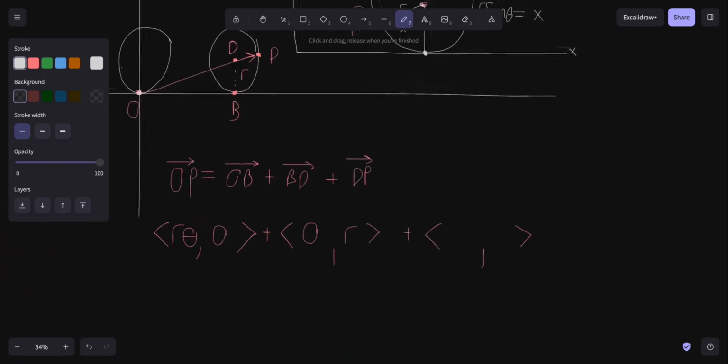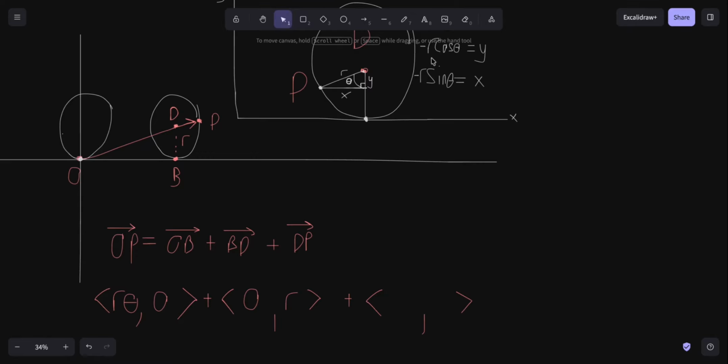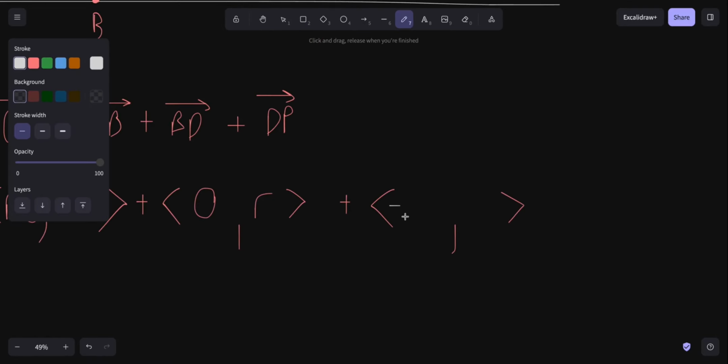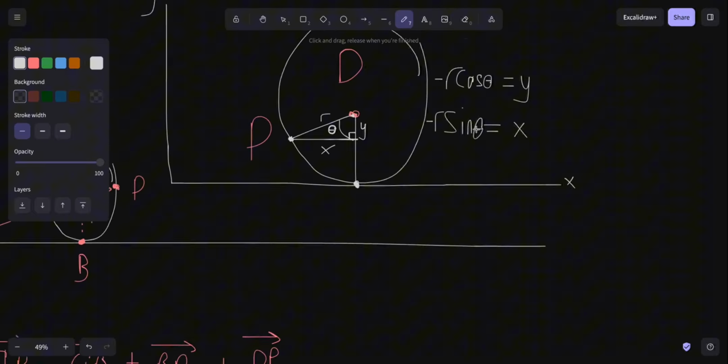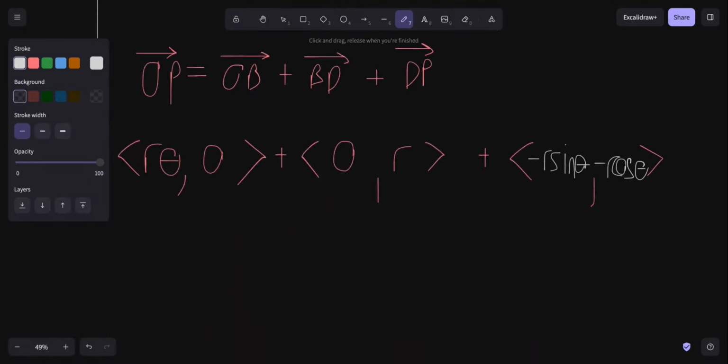So if we go back to our parametric equations right over here, we know that this x component is negative r sine of theta, and then this one is negative r cosine of theta. Okay? And so let's add everything together. So r theta, so this is going to be r, and then if I factor out this r right over here, it's going to be theta minus sine theta.